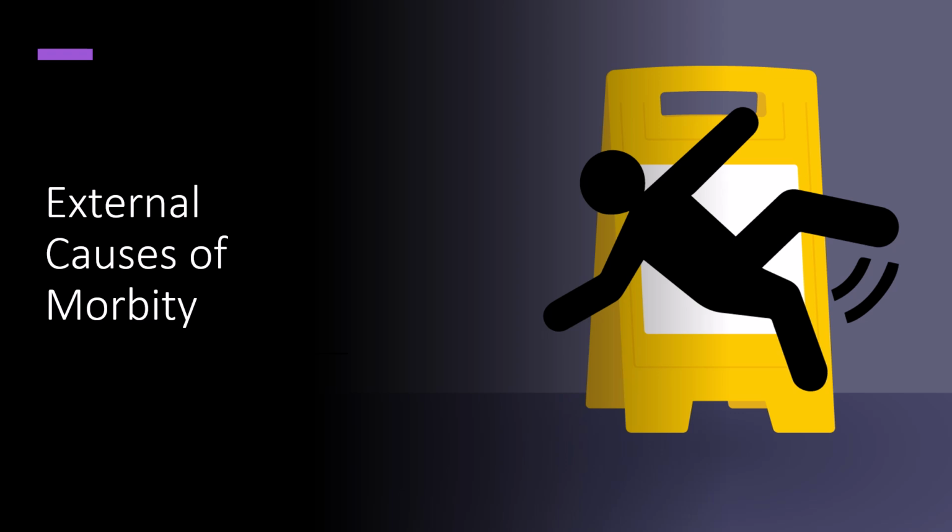Now, these are called external causes of morbidity, and they provide us more details about that injury, such as a fall. If someone falls, you might get more information about how they fell or where they fell.